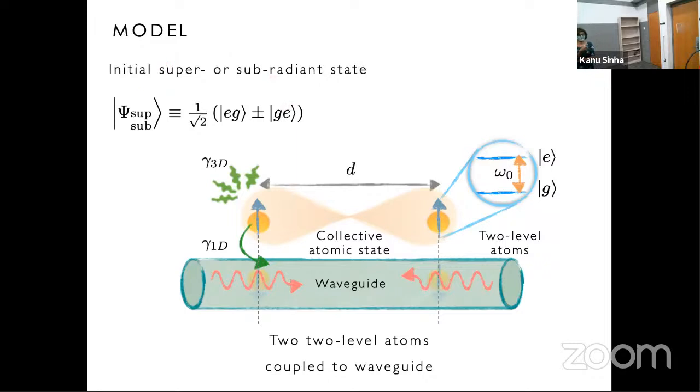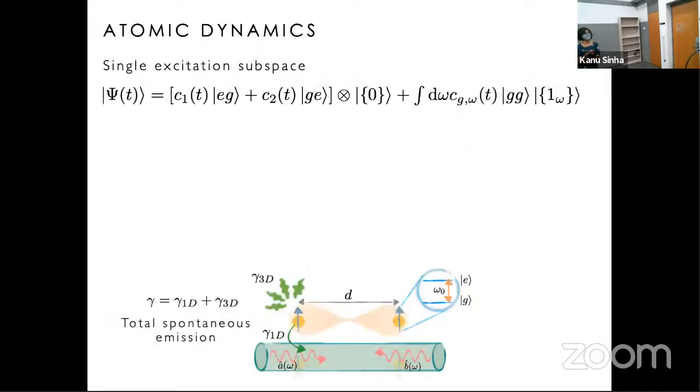As the system evolves, we assume that the number of excitations remains preserved as far as the field in the waveguide and the atomic subsystem is concerned. So we can write the state at any given time as shown. Here you can see, for example, C1 and C2 are the atomic excitation amplitudes for atom 1 and atom 2.